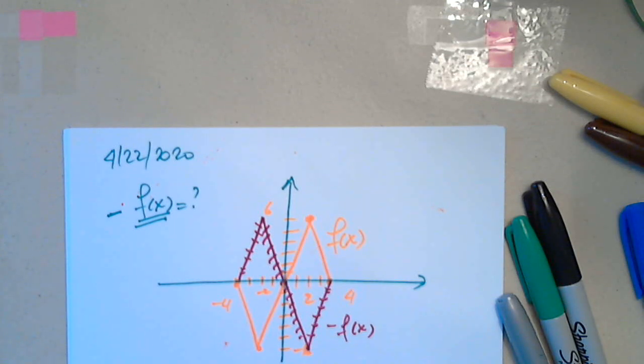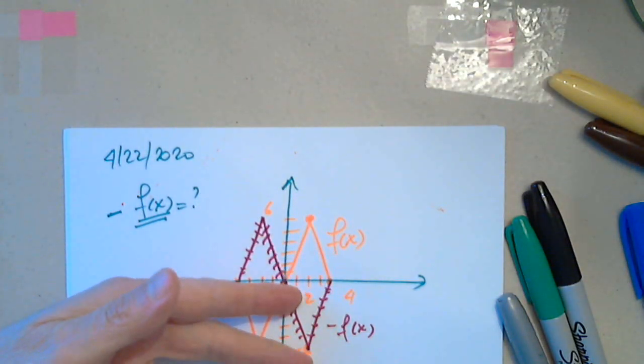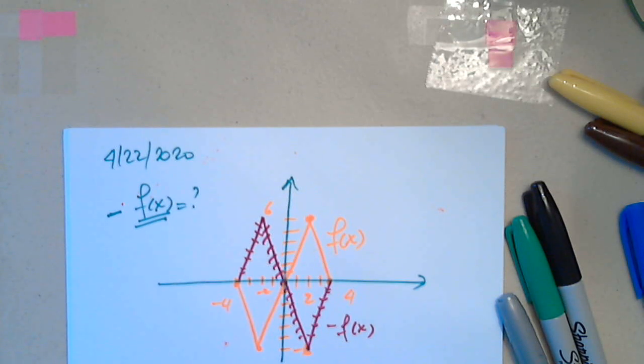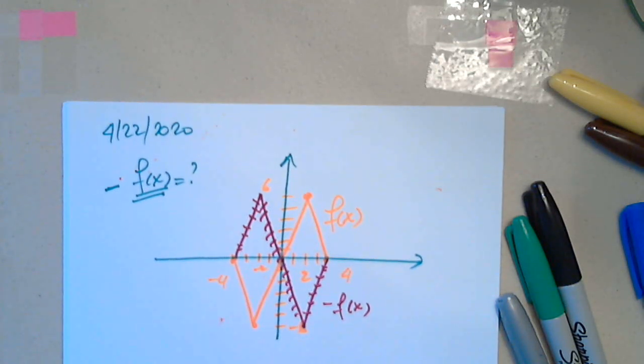We are reflecting the graph with respect to the x-axis. All y values get multiplied by negative 1. Good. Anything else?